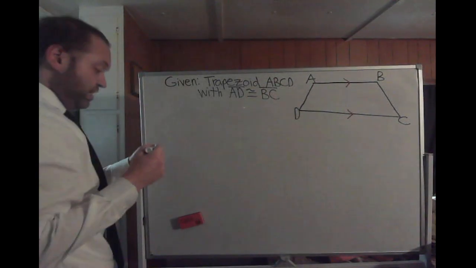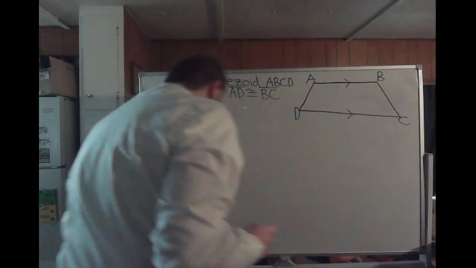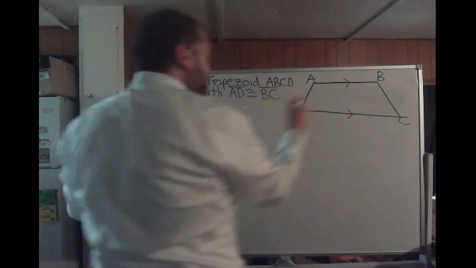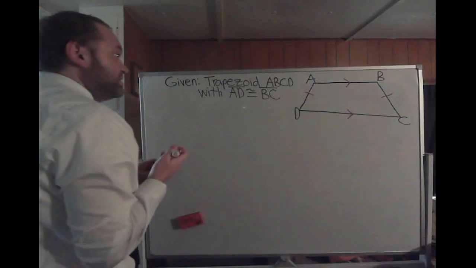So we are given trapezoid ABCD with AD being congruent to BC. So we can actually, if we want to, why don't we go ahead and mark those as congruent? That's going to aid us here in just a minute.